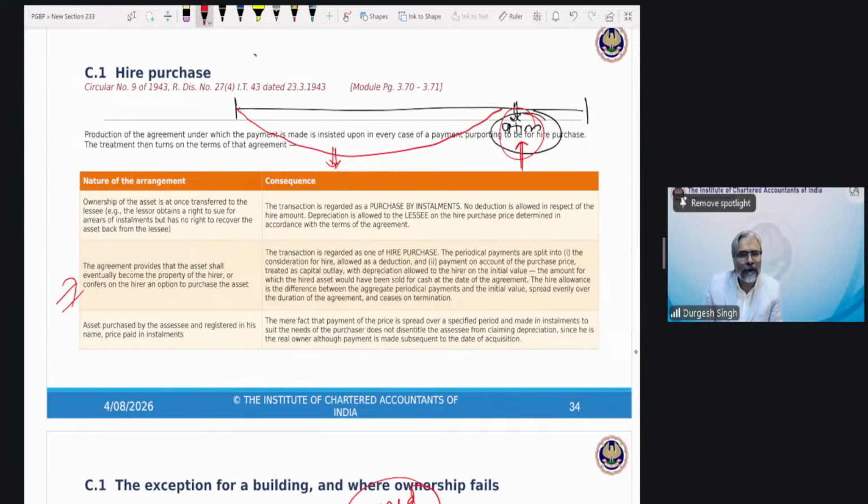If the buyer who has purchased the asset on hire purchase is paying the installment regularly, can the supplier or the vendor cancel that contract and take back his asset by giving him some compensation? Is that possible?